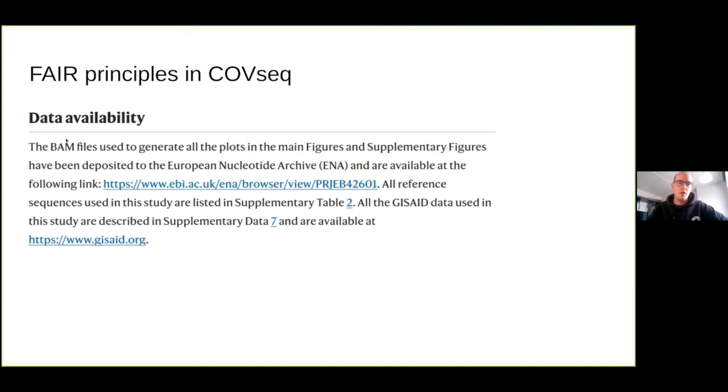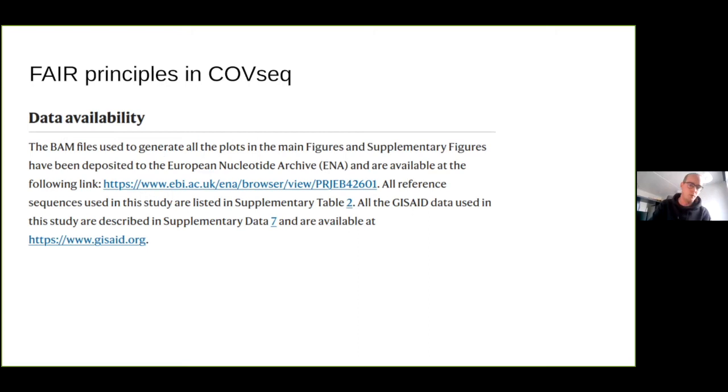Here we uploaded all the BAM files to the European Nucleotide Archive. The reason why we uploaded the BAM files and not the FASTQ files, which is normally done a lot, is because I showed previously that in these FASTQ files there were still, especially in the high CT value samples, a decent amount of reads that map to the human genome.